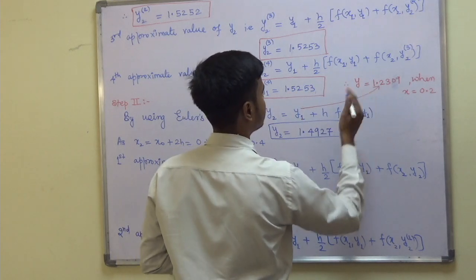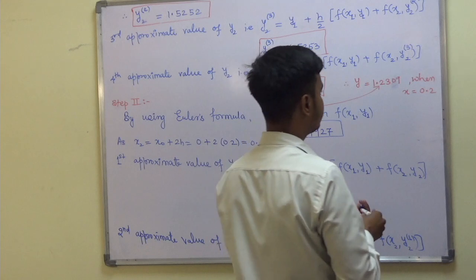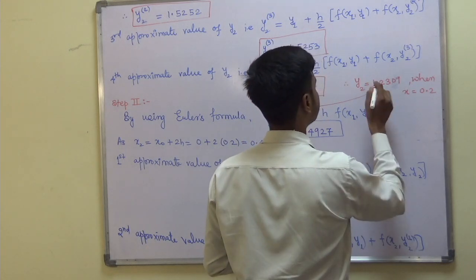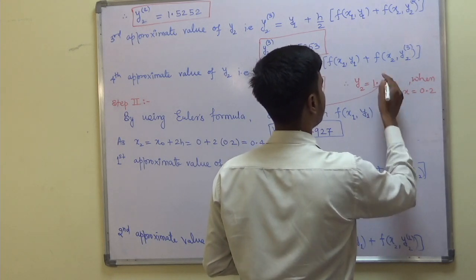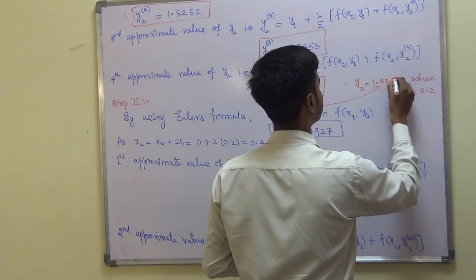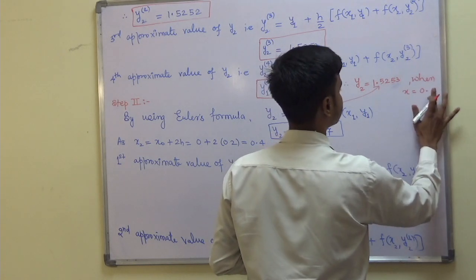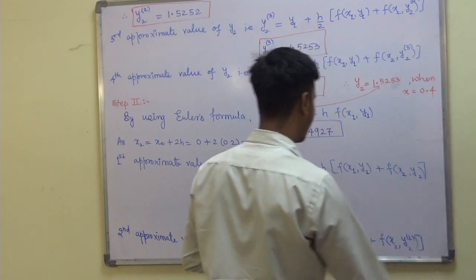So you have to write down the final answer. The value of y2 is 1.5253 at x is equal to 0.4.